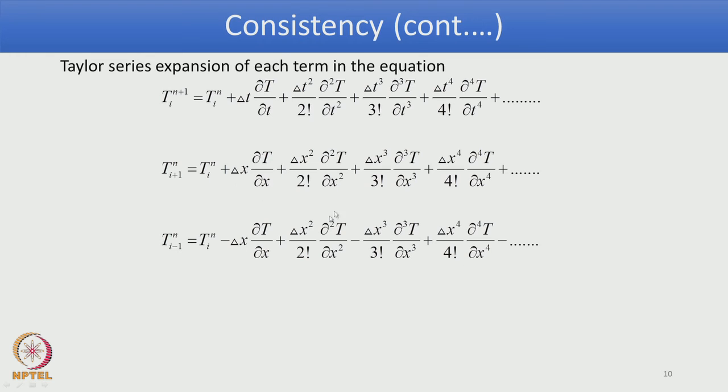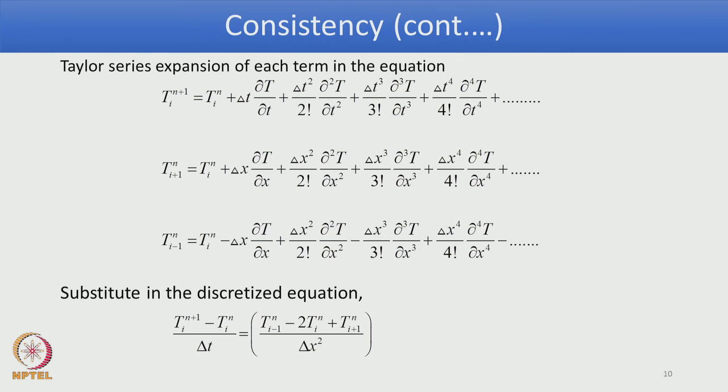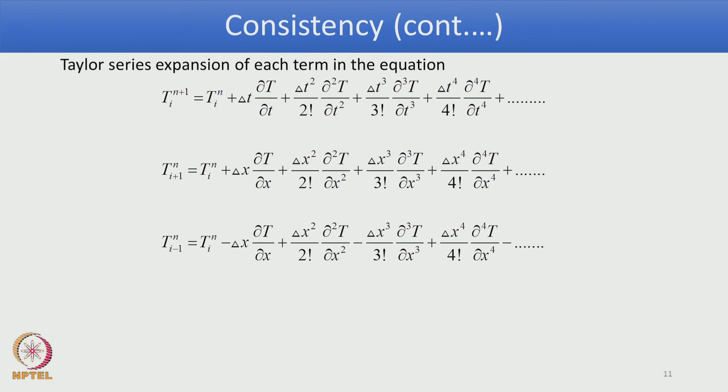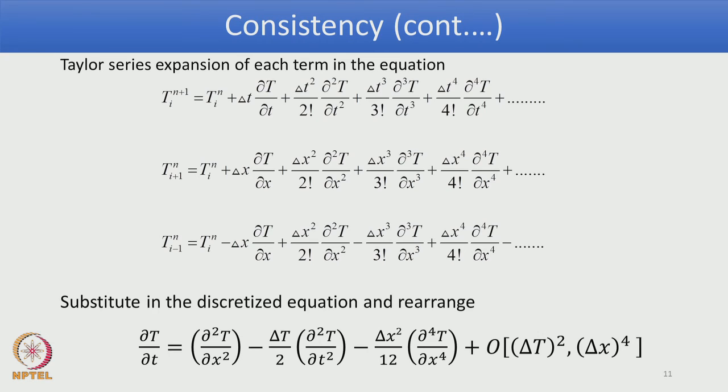All that we have to do is substitute this expansion in the finite difference equation, and we will see how to do that. So, if you substitute and sum them properly, then we get an expression like this: dou T by dou t equal to dou square T by dou x square, plus many other terms, and these terms come from the additional terms we considered because of the expansion.